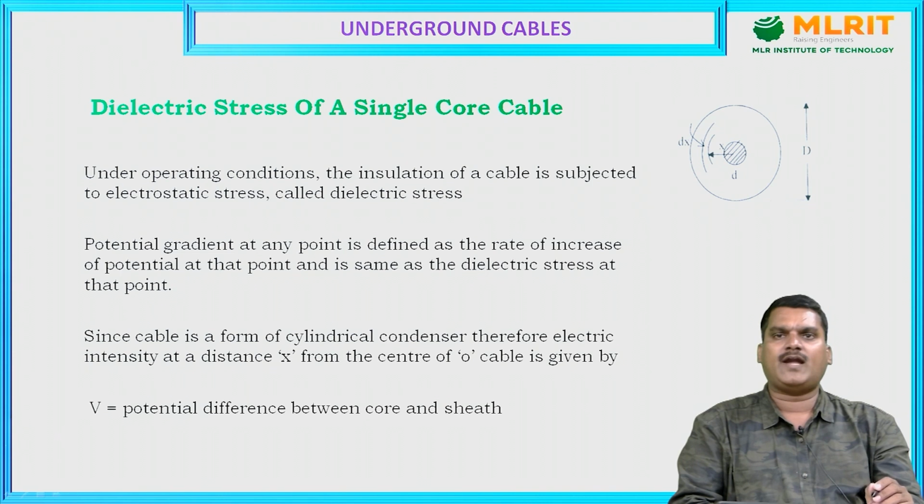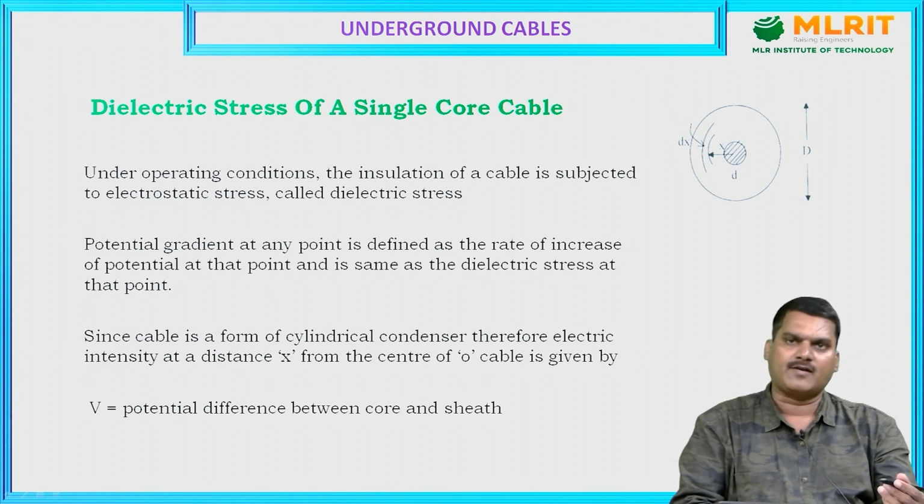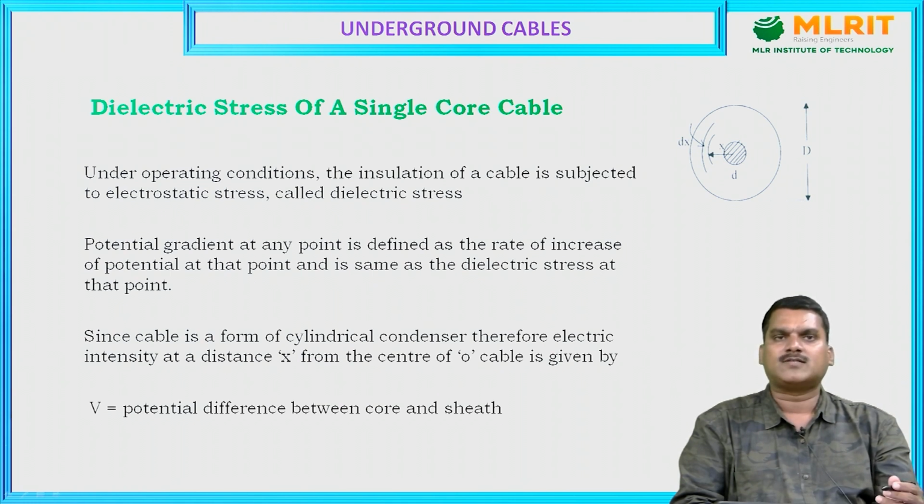The potential gradient at any point is defined as the rate of increase of potential at that point. This discussion also comes in the electromagnetic fields subject. Potential gradient means electric field intensity. So the potential gradient at any point is the rate of change of potential at that point, which is also the dielectric stress at that point.